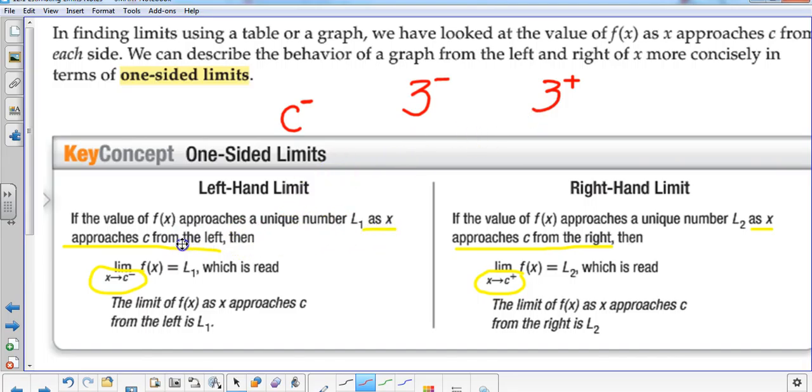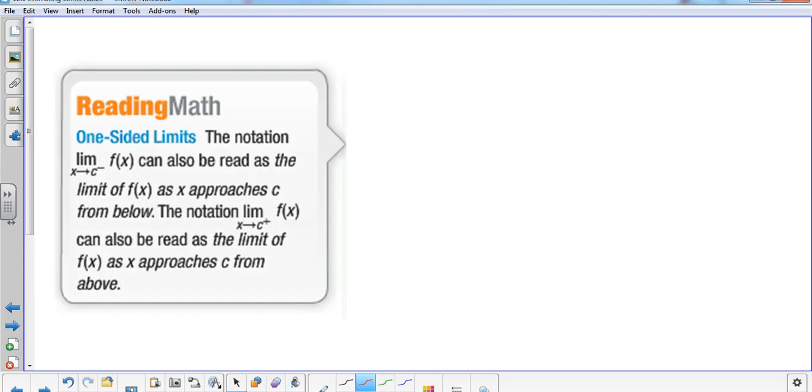Okay. As x approaches C from the left, we would indicate this with the negative behind the C, not in front of it, up above like an exponent. And it's read as x approaches C from the right when it has a positive up in the exponent after the number.